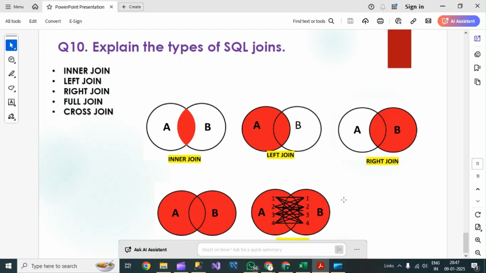Basically it creates one tuple form. So just remember this figure. If you are confused, check this picture and you will definitely get the answer.